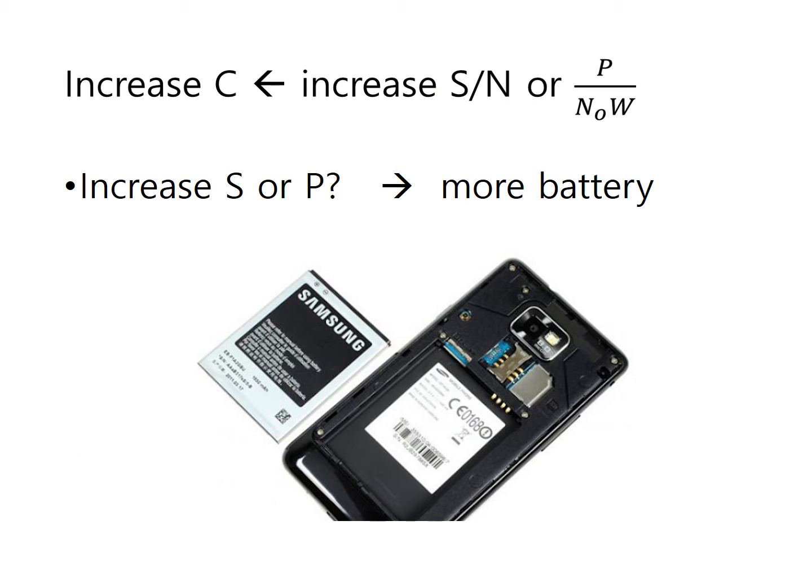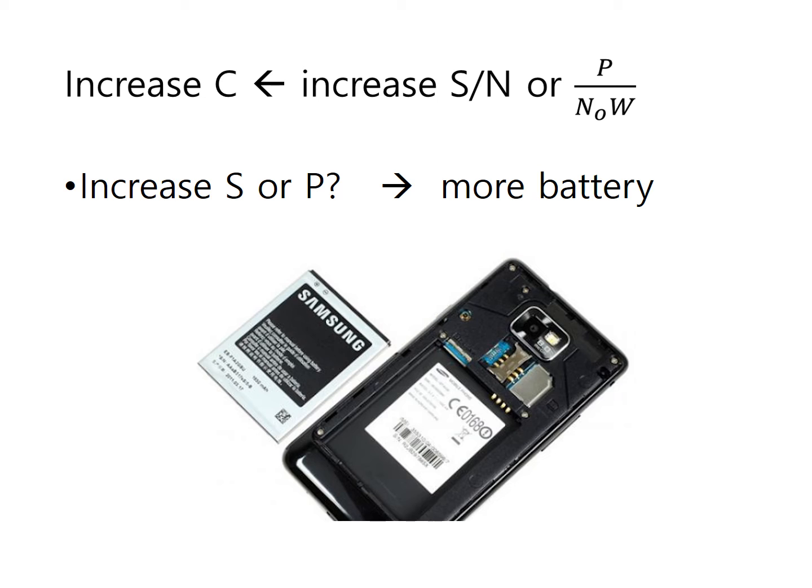So how about increasing the signal power S or P in the Shannon equation? Increasing signal power can be implemented by increasing the transmission power in the communication device. In case of cell phone, that means battery runs out quickly.